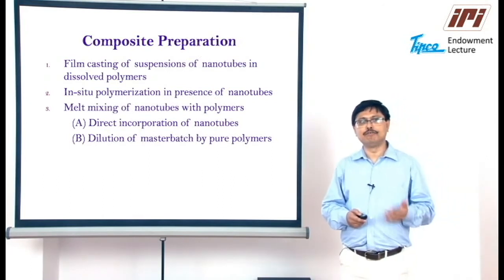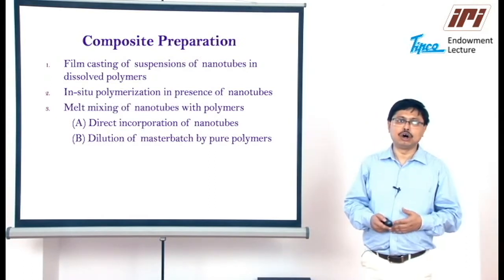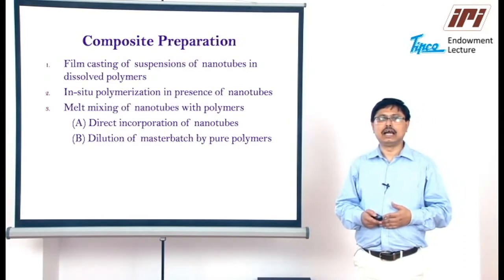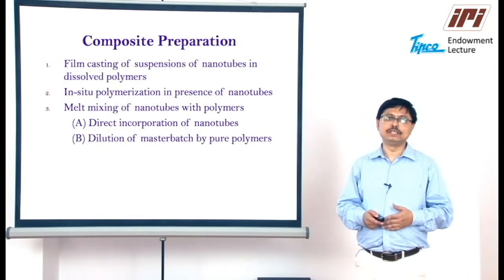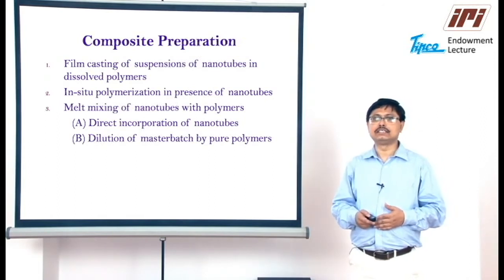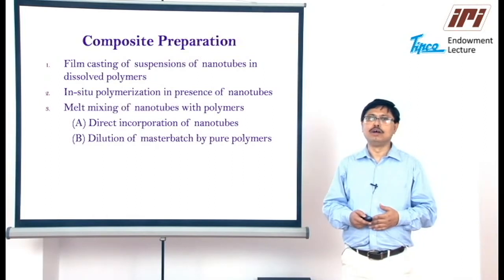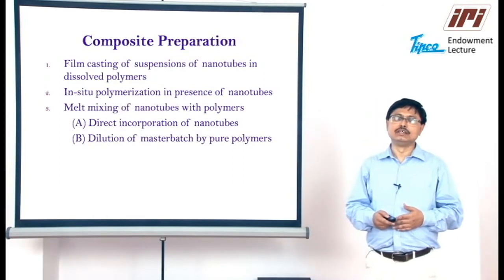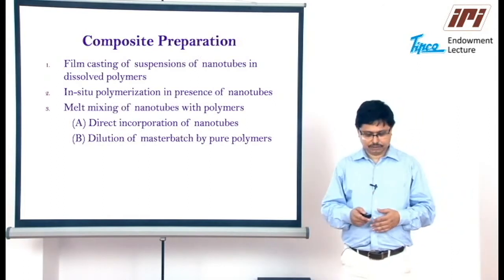The second process involves in situ polymerization in the presence of carbon nanotubes, and the third process involves melt mixing. In melt mixing, one can utilize carbon nanotubes by directly incorporating them during the melt mixing process or by diluting a master batch of polymer carbon nanotube composites.